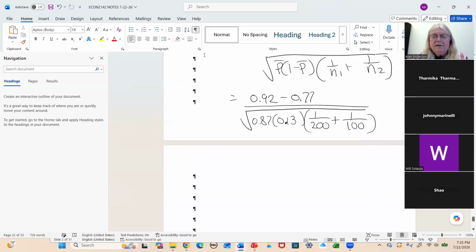All right, let's try this. So this is one of those cases where you might be better off doing it in two stages.